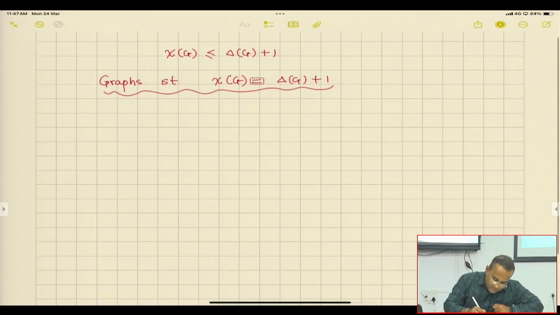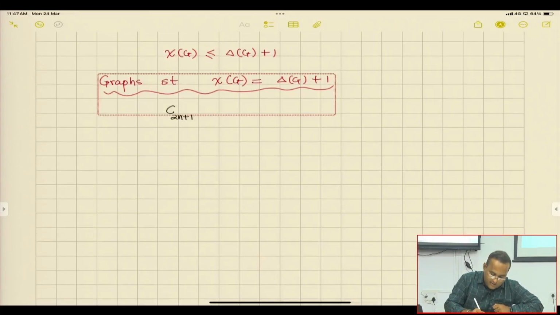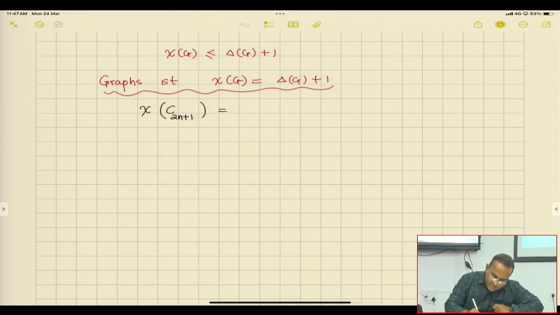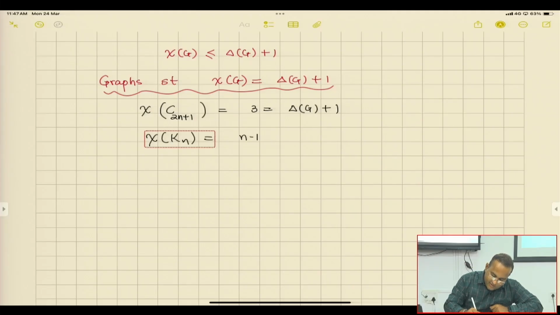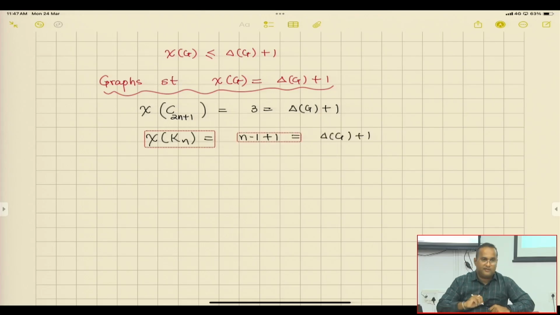If you take C2n plus 1, then chi of this thing is 3, that is equal to delta G plus 1. Any other example? Chi of Kn is equal to n minus 1 plus 1, that is basically delta G plus 1, right?